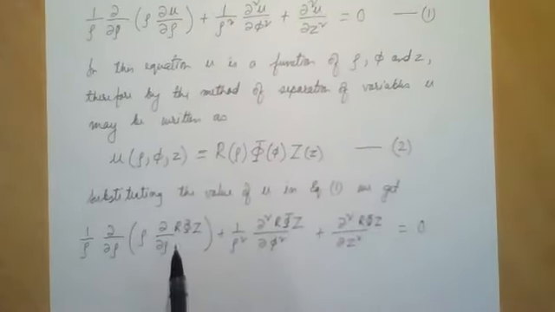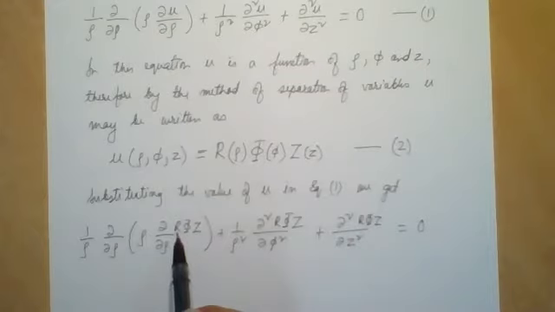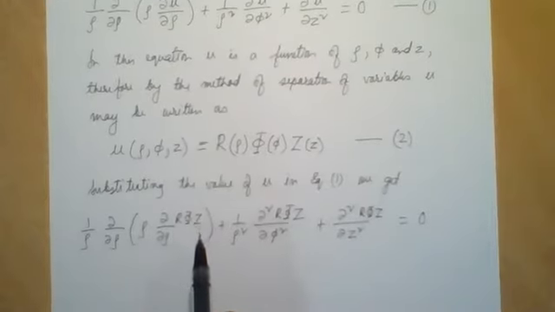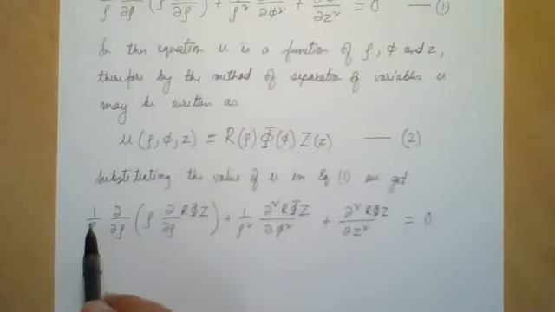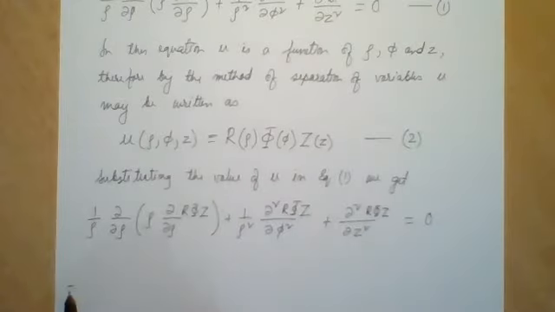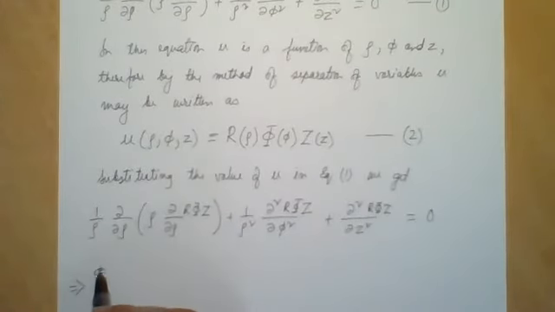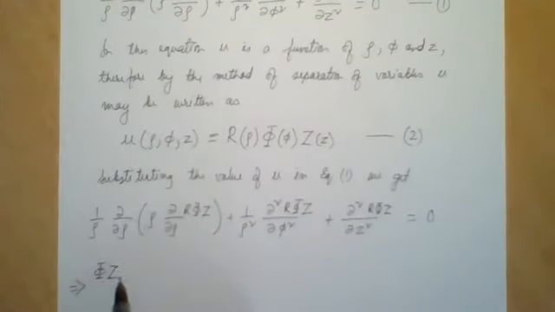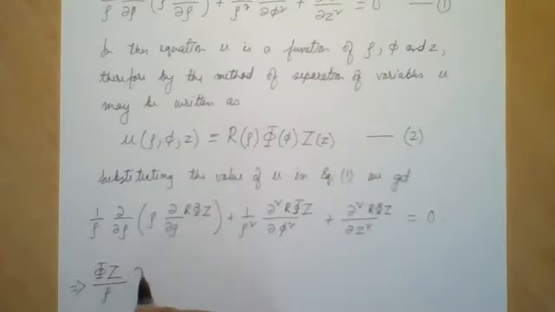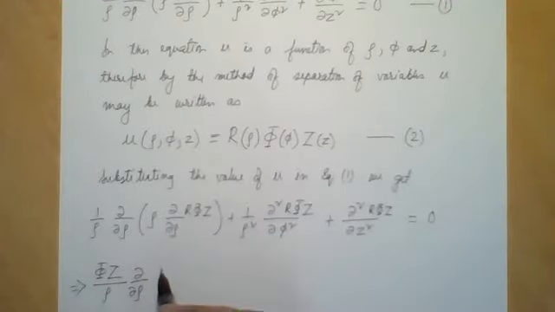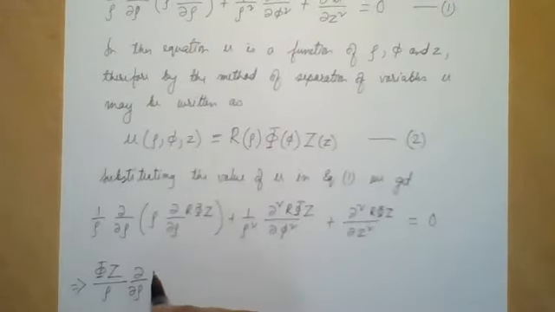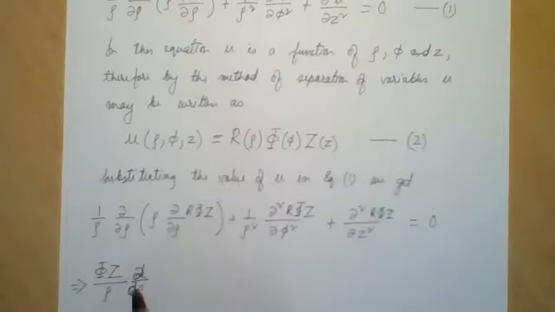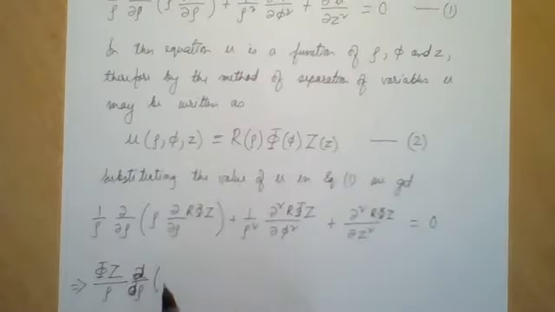Here only R is a function of rho, Phi and Z are not functions of rho, so I can take Phi and Z outside. This implies Phi Z by rho, d by d rho of rho dR by d rho.